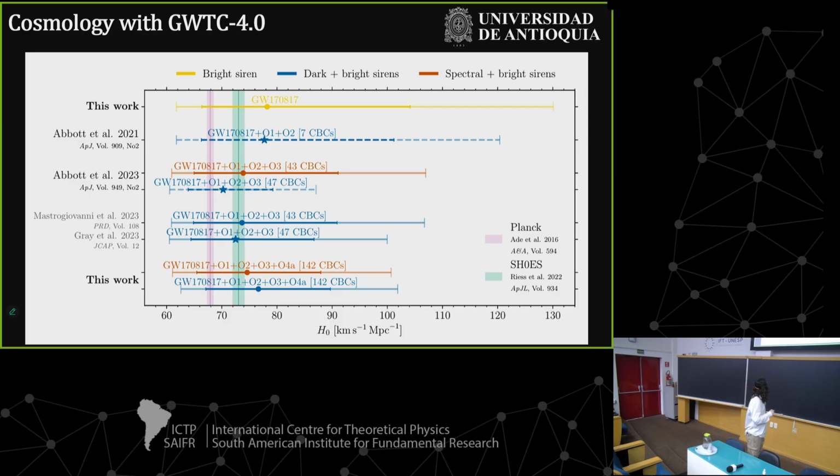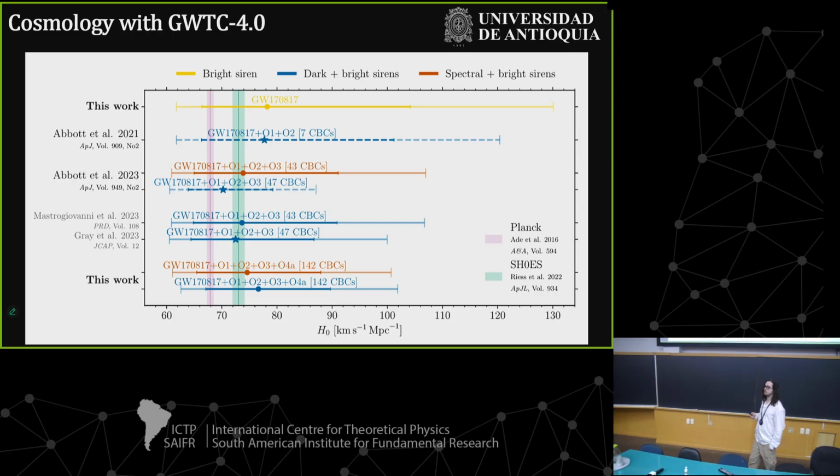And then there are these two constraints, one for the spectral siren case, using the whole population of CBCs with the full pop mass model. And this incorporates not only the mass model information, but also the galaxy catalog information. Also, both of them incorporate the bright siren event in this estimation.